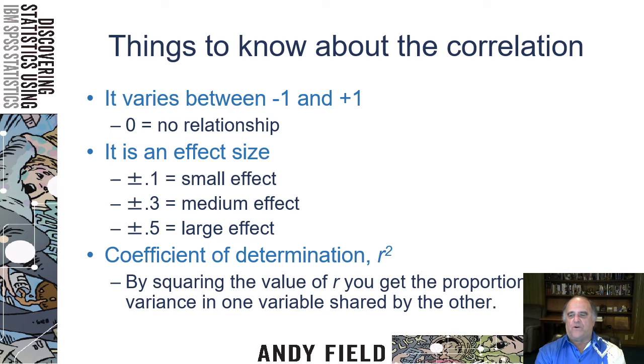And we mentioned before the coefficient of determination, or R squared. By squaring the value of R, you get the proportion of variance in one variable shared by the other, or predicted by the other, you could say. The correlation is non-directional, so you're both predicting y from x and x from y, although theoretically that might not be the case.